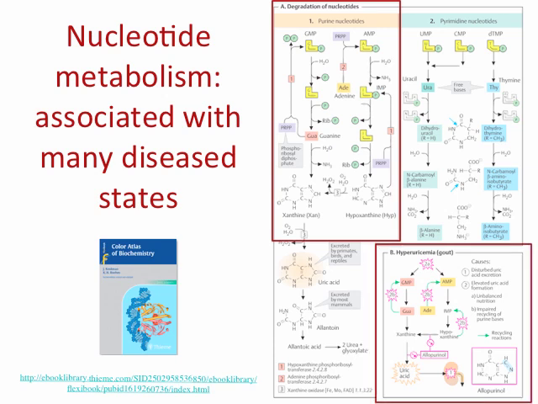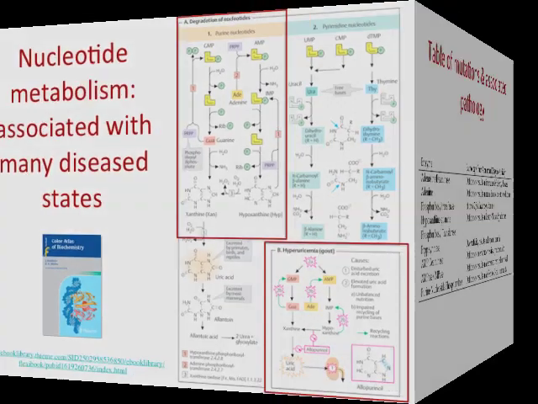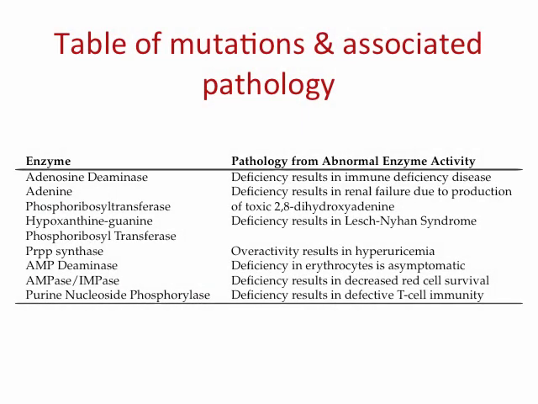One well-known genetic issue associated with the degradation of the purines is shown in that second red box, which is gout. And the gout is described in the text that comes with this image in the book shown. Here's a table of some other mutations associated with purine metabolism.